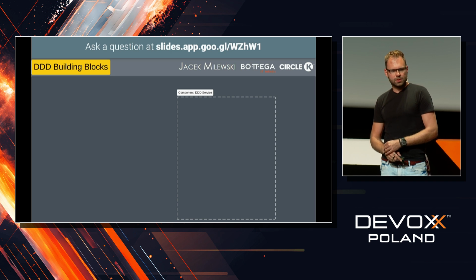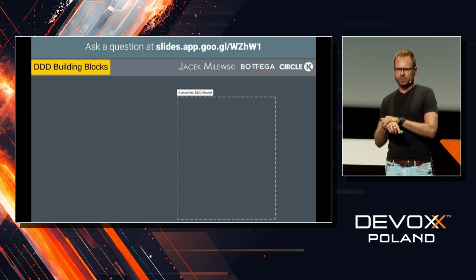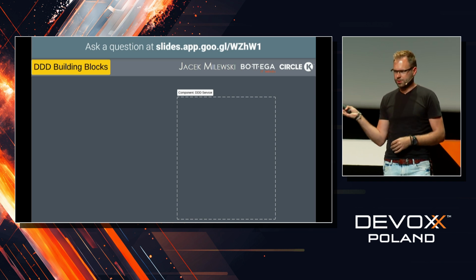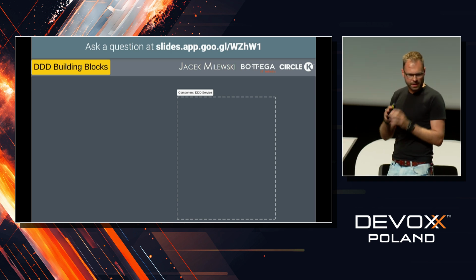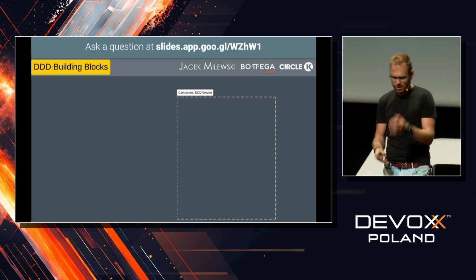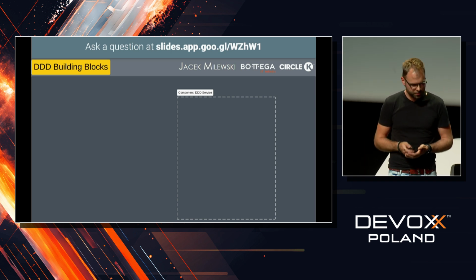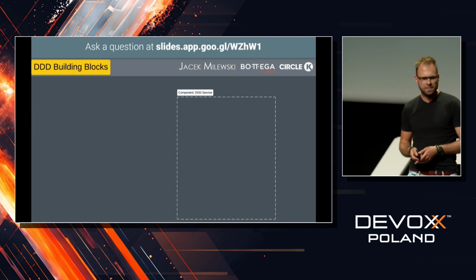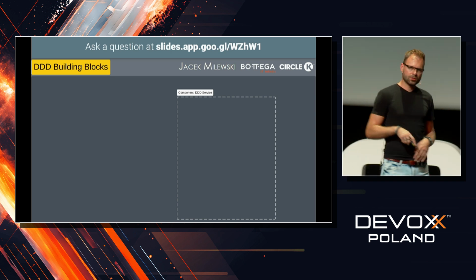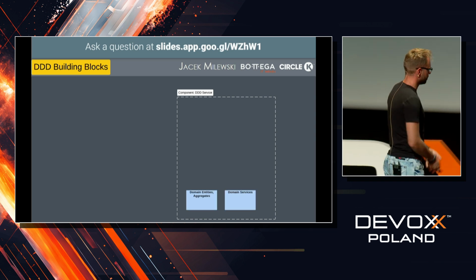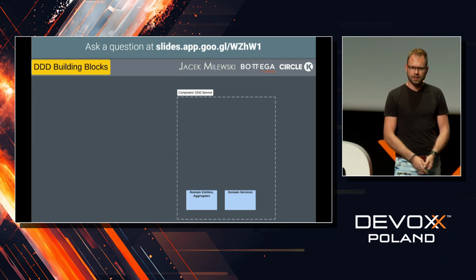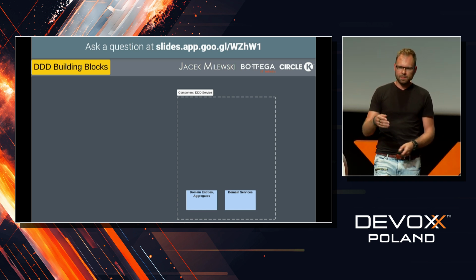So with domain-driven design, we have certain building blocks. We have different approaches to implement the internals of our applications, and one of them is tactical patterns from domain-driven design. Let's do a short recap. First of all, we have the domain, because, well, it's domain-driven design. So we have domain entities and domain services.